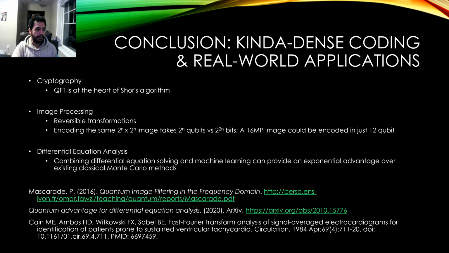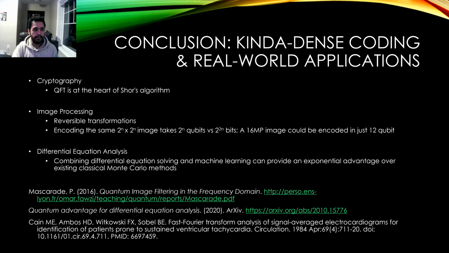And then on top of that, since you're using quantum Fourier transforms, you have reversible transformations, and so you could actually just have an image given to you and be able to get back the original image that some other person started with. And then on top of that, this is something that John touched on earlier, but it's important to remember that with some of these applications, they're not necessarily always faster or not even as fast as classical methods.